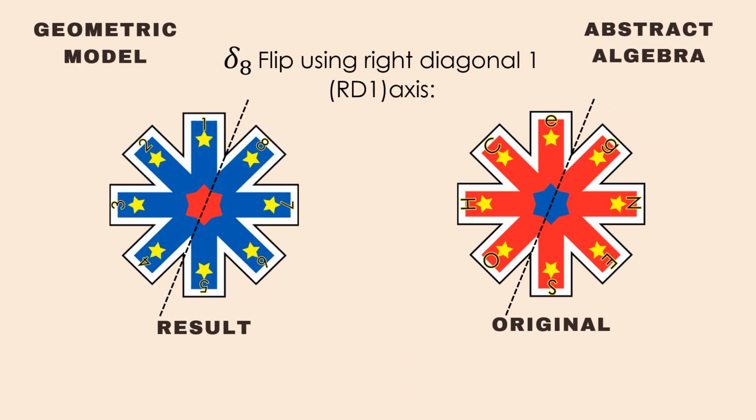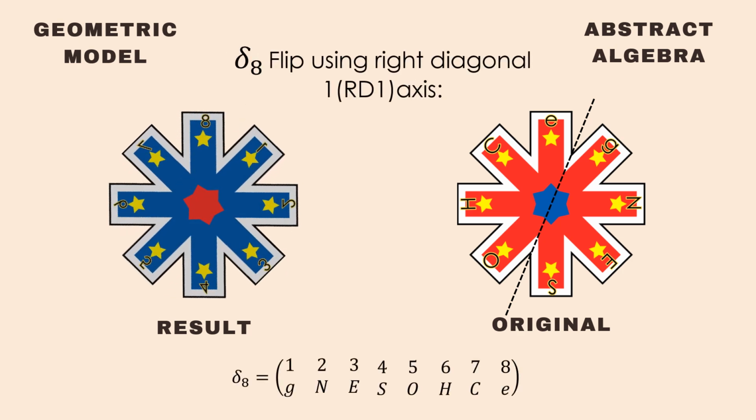At last, we have the delta sub 8, flip using right diagonal 1. 1G, 2N, 3E, 4S, 5O, 6H, 7C, 8E.